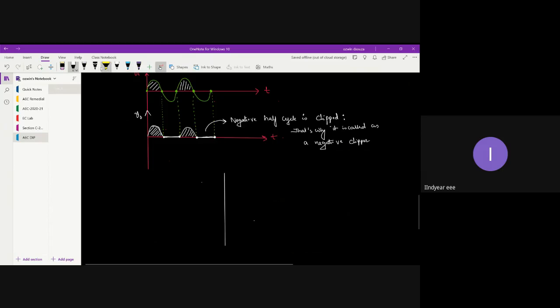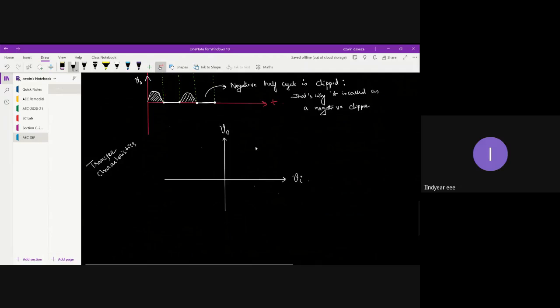Now, in the transfer characteristics, I'm going to draw the relationship between input voltage and output voltage. So for transfer characteristics, here I will take the y-axis as the output voltage axis and the x-axis as the input voltage axis.